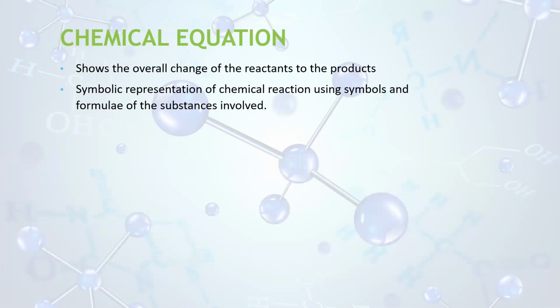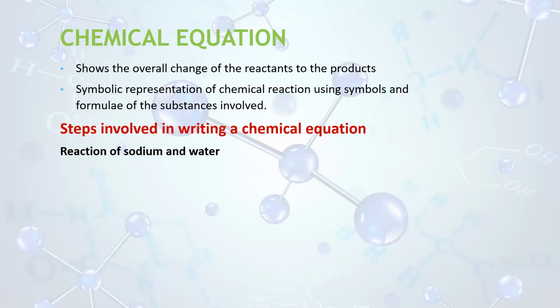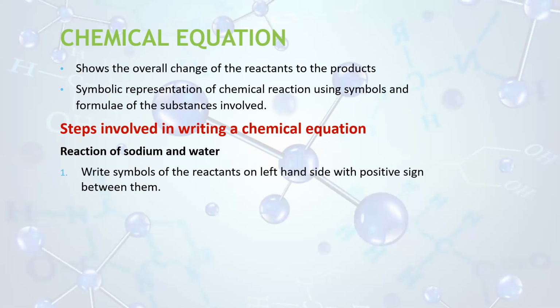Now, let us see how to write an equation. Take the reaction of sodium and water as an example. The products of this reaction are sodium hydroxide and hydrogen. The first step is to write the reactants on LHS with a positive sign between them.